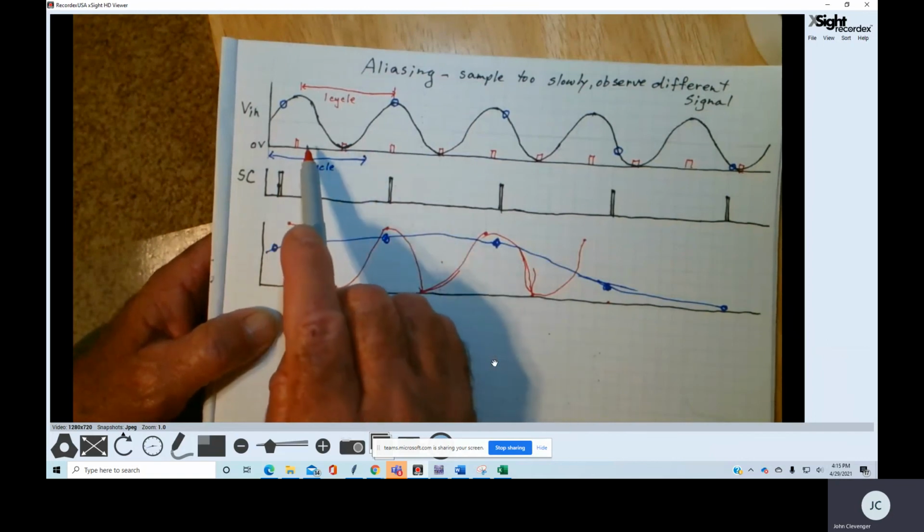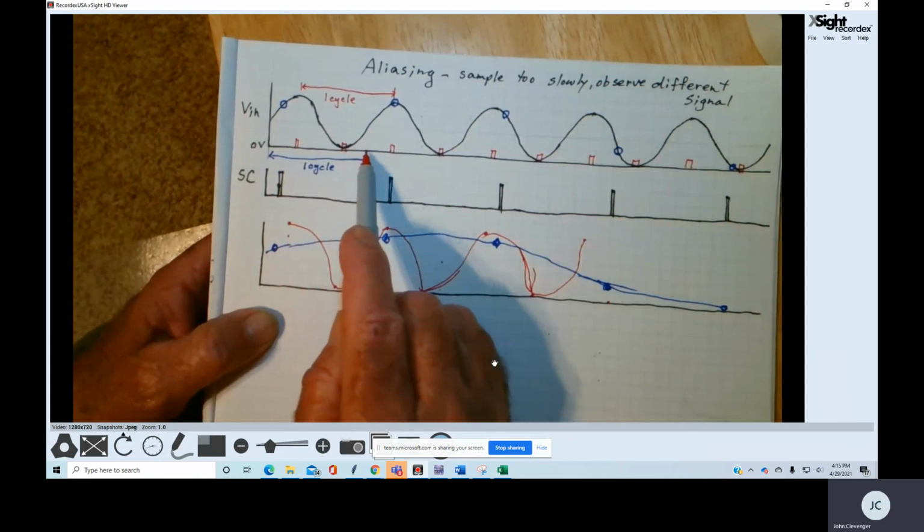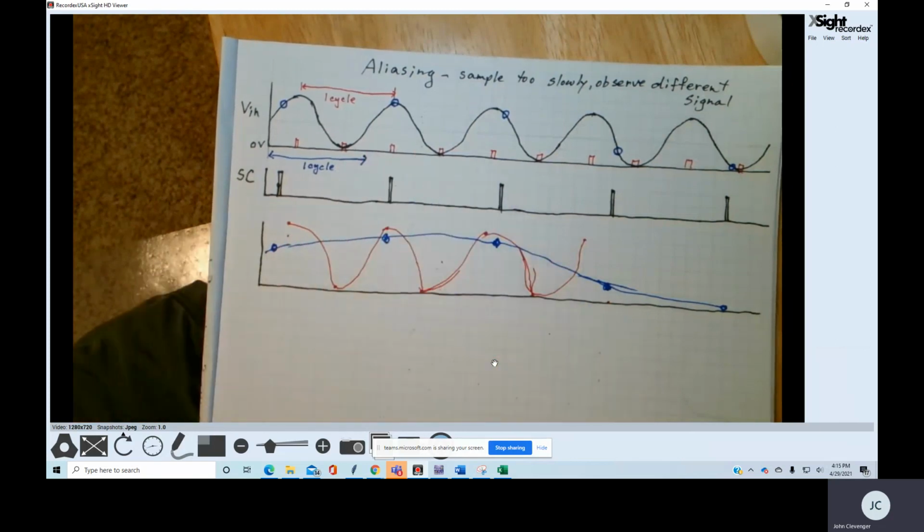We would have to sample it here and here and here and here and here and here and here and here in order to more accurately display or capture that analog information. So again, the Nyquist criteria is solely the minimum requirement.